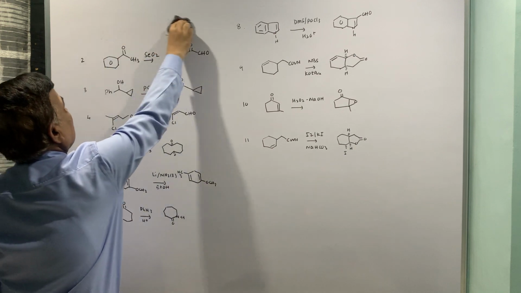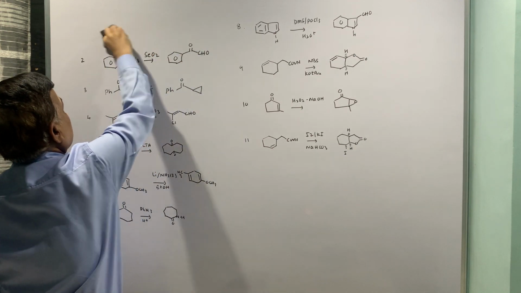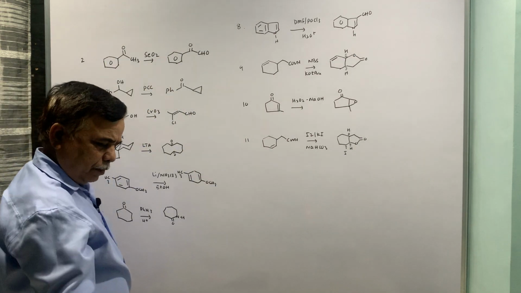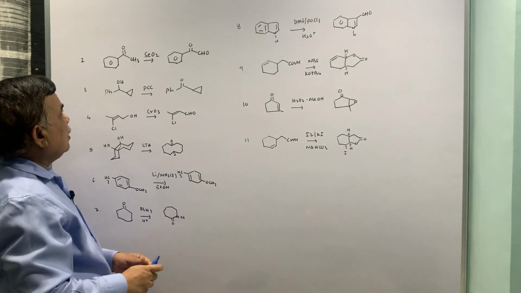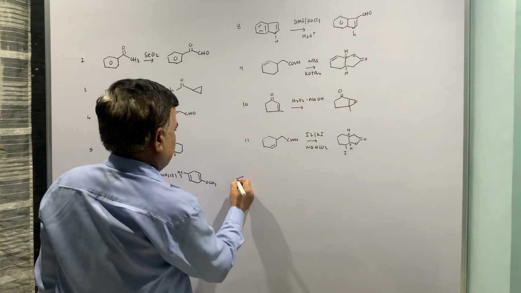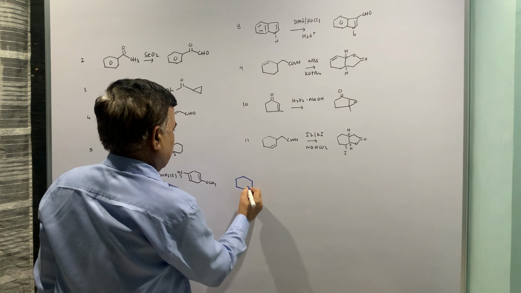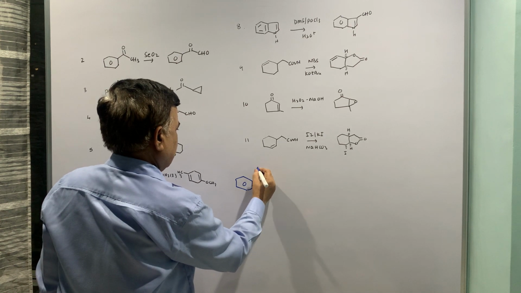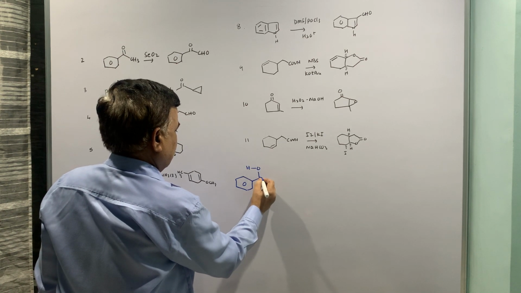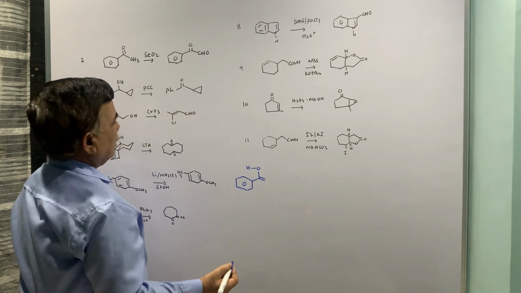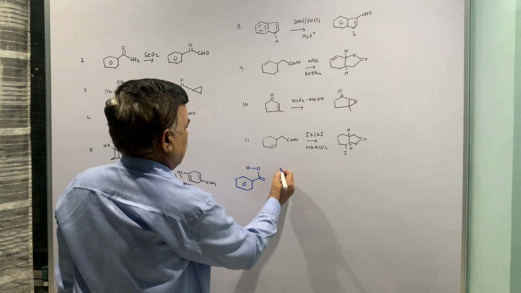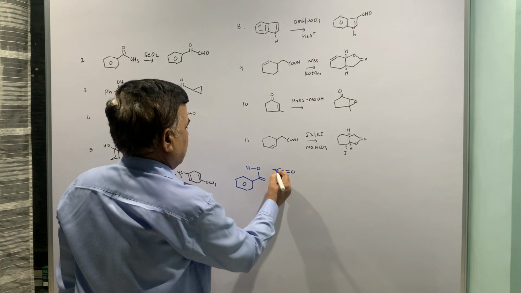So let me clear the first example. The second example, similar to the earlier one, I will straight away put the enol form of the ketone and then selenium dioxide.